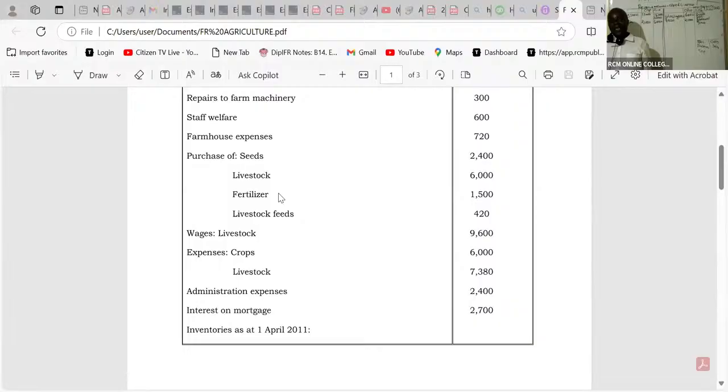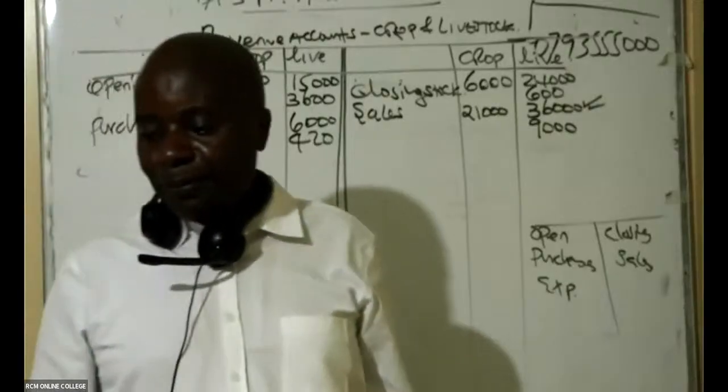No. Fertilizers are enhancers for these crops. So fertilizers will go under crops. We purchased fertilizers worth 1,500. We write that under purchases of crop, 1,500. And then of course you can see we purchased livestock feeds for 420.